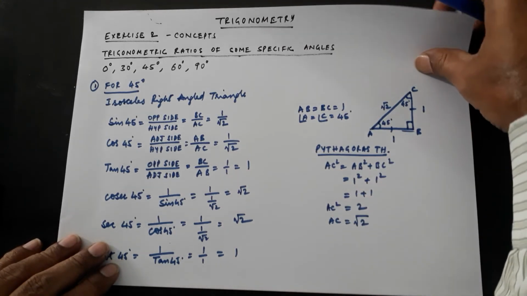So next we will find out trigonometrical ratios for 30 degrees and 60 degrees.